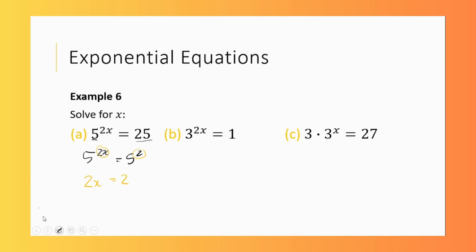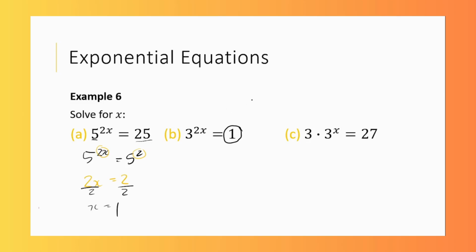So 2 times x is 2. If you just see it's 1, you write 1. If you need a bit more, divide by 2 on both sides. So x is 1. We of course don't have to write that last part if you just find it from inspection.